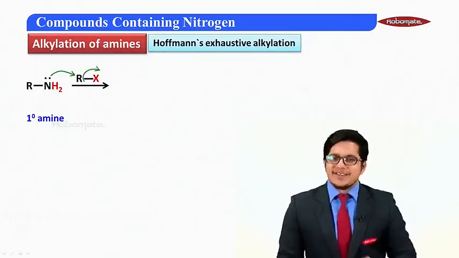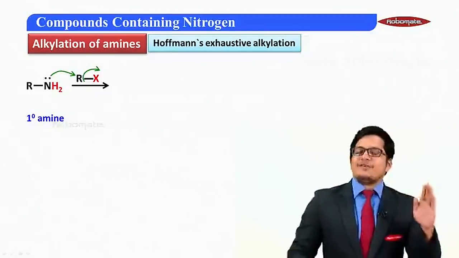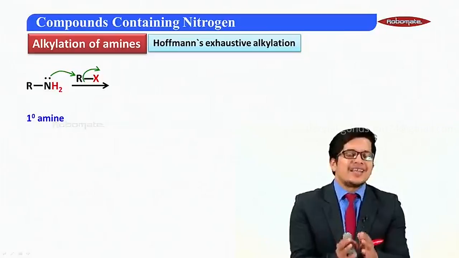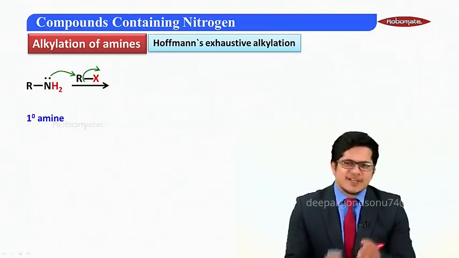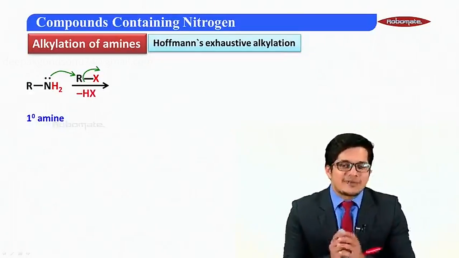Then the R-X bond is broken, X is removed as X negative, and H from the amine is removed as H positive. So we are going to get HX formed.